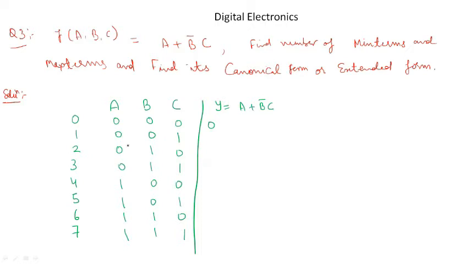The next is 0, 0, 1. This input will produce an output 1, because a is 0, b is 0 so b bar will be 1, and c is 1, so 0 plus 1 into 1 will be 1.